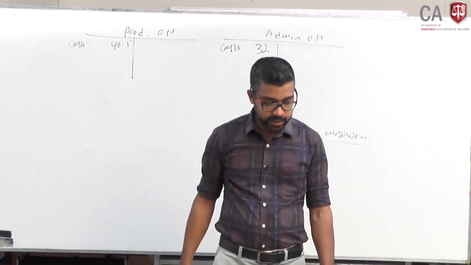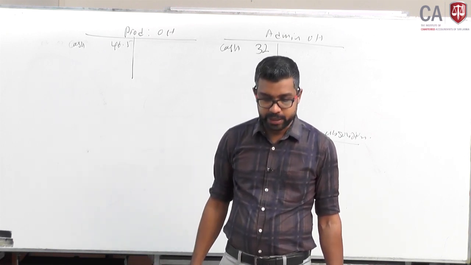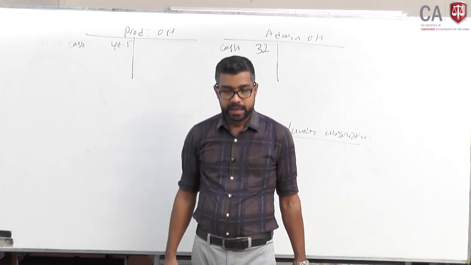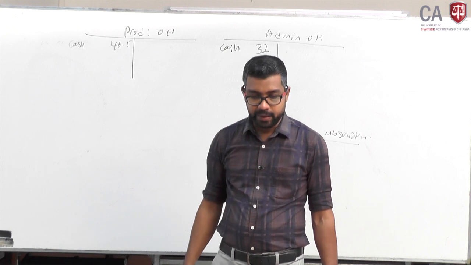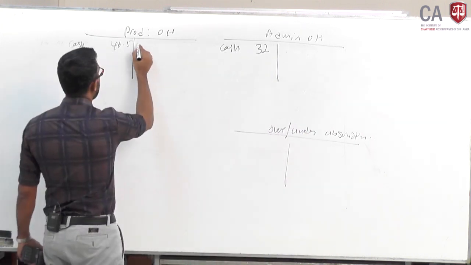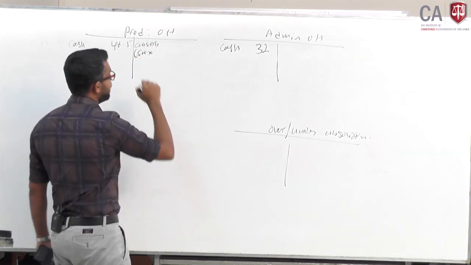Now absorption. Admin overhead, how do you absorb? Production overhead you absorb based on operating hours, 500 per operating hour.